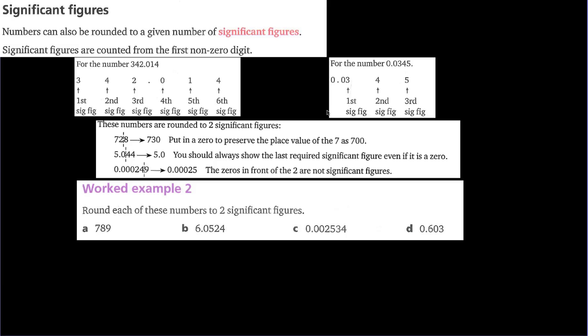Okay, I said we may round with respect to significant figures also. So in this sample, it says to round them to significant figures.